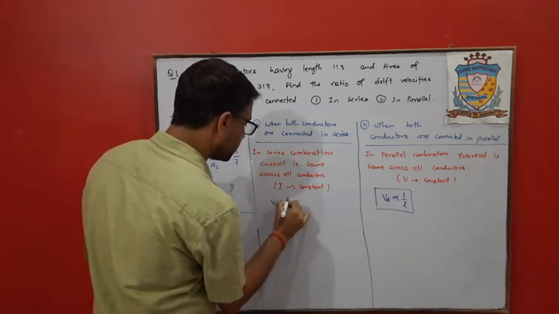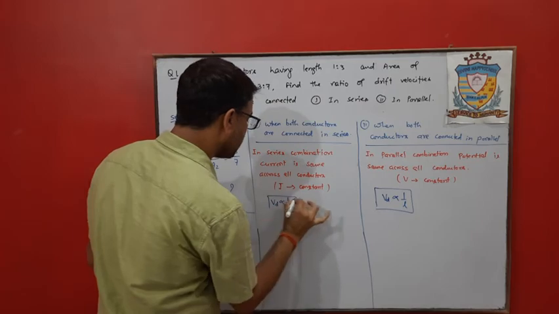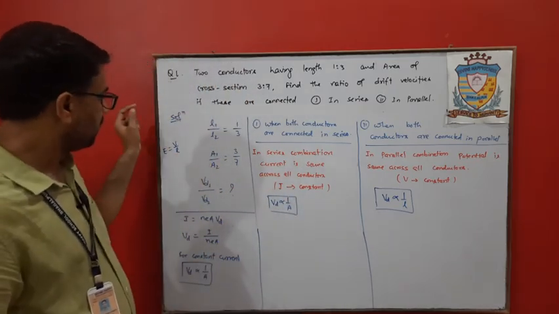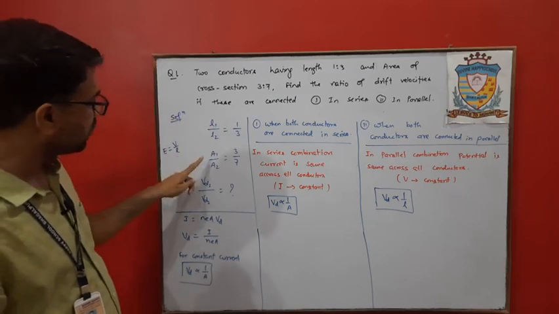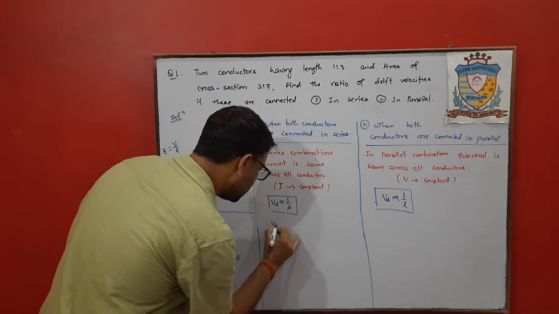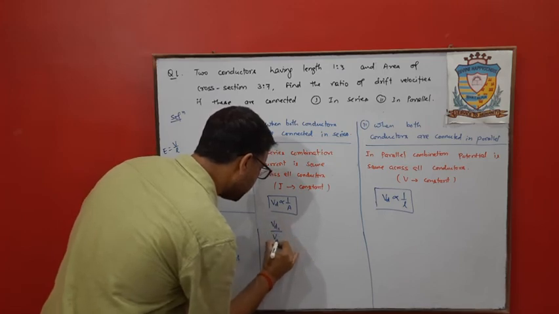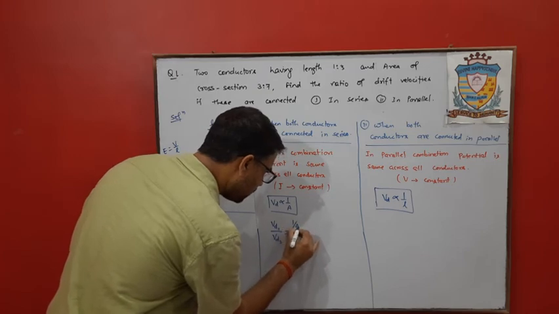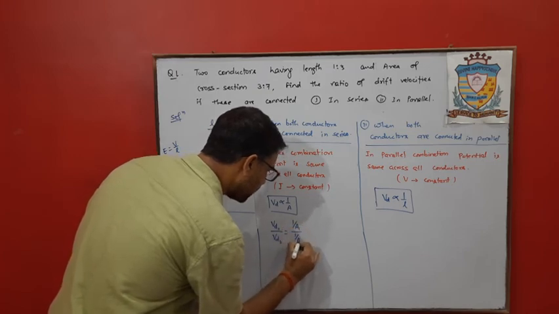Now here the ratio of area of cross section is given. So Vd1 upon Vd2 is equal to 1 by A1 upon 1 by A2.